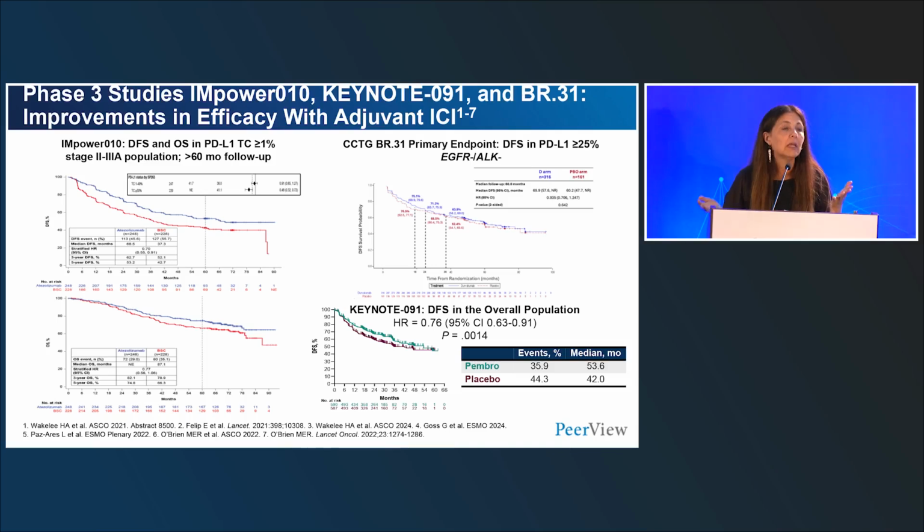Then we had this BR31 trial with durvalumab, where we know that durvalumab is a very active checkpoint inhibitor. We know it's very effective after chemoradiation in stage 3, and yet this was a completely, absolutely negative trial. So that has confused us quite a bit. But you've got 2 positive trials, one with PD-L1 very important, one regardless of PD-L1, and now this negative trial.